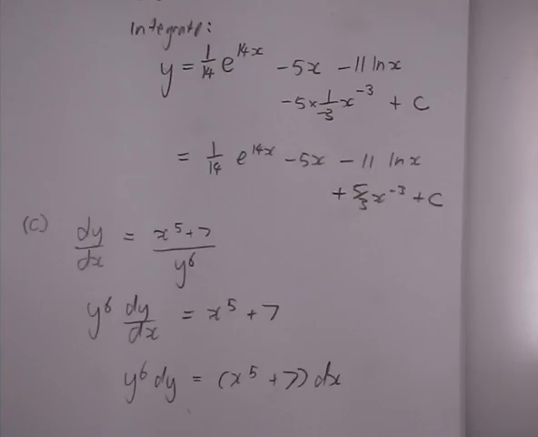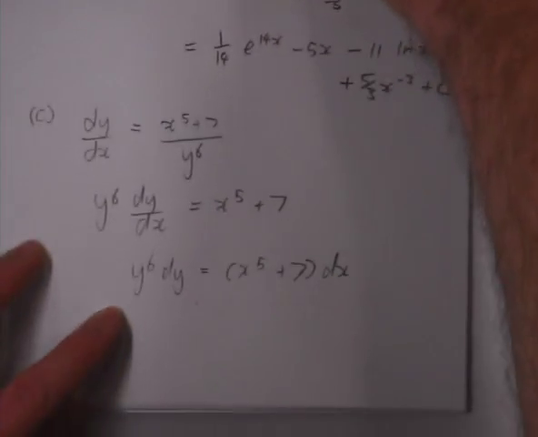You can do that in one go if you like. And now I have that y to the 6 times a small change in y is equal to x to the 5 plus 7 times a small change in x, and I can whack integral signs on it to now do the integral. So I'll do the integral of each side separately.